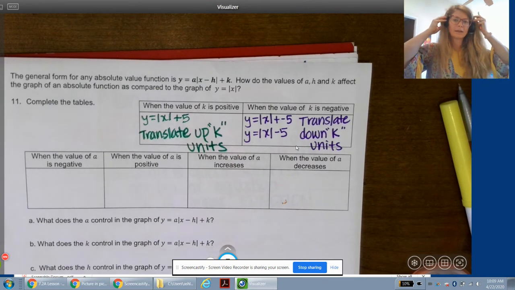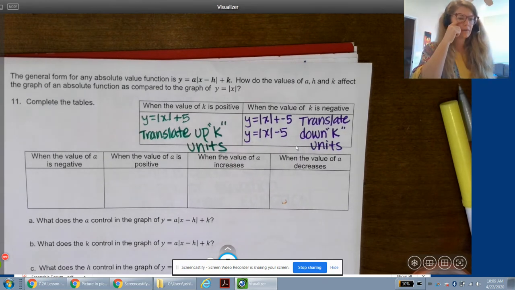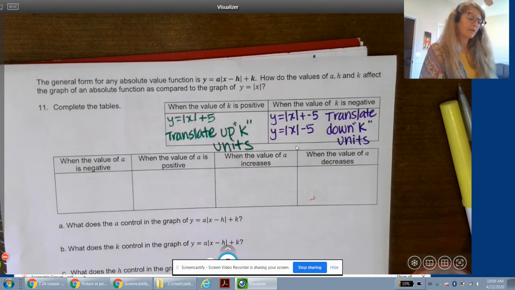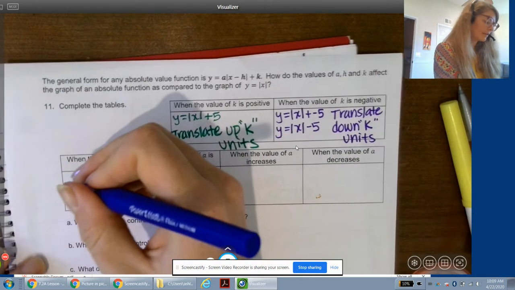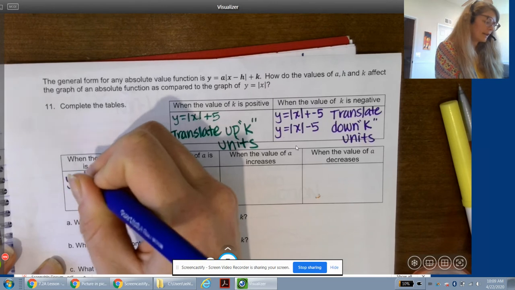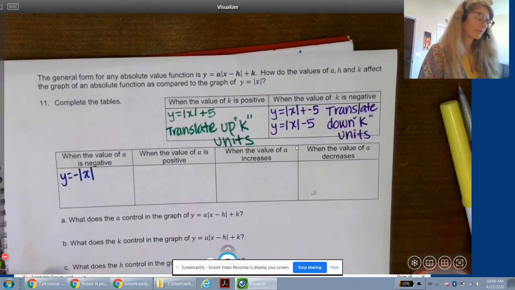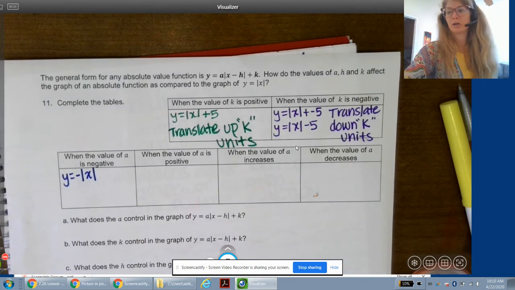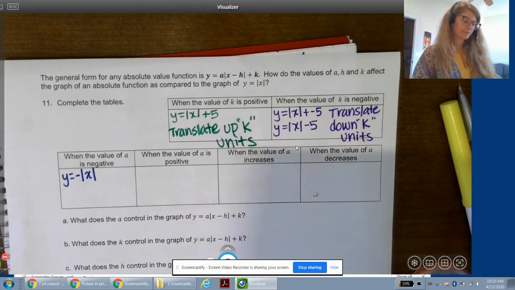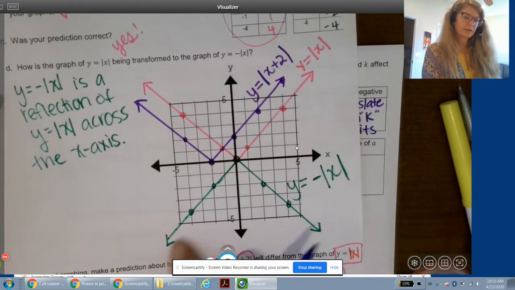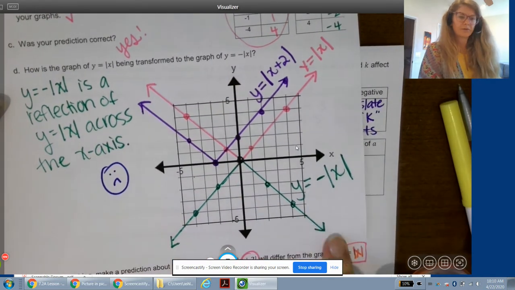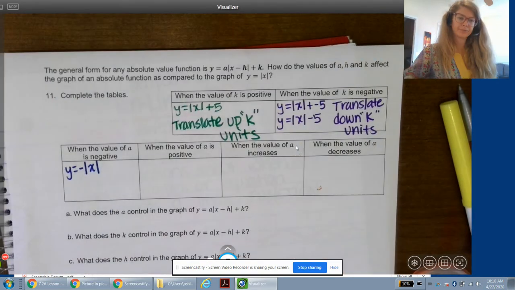Cool. Well, let's take a look at some of the other ones. When the value of a is negative, that's like having y equals the negative absolute value of x. If we have a negative in front, remember all our outputs were negative. It made that sad absolute value, a clinical frown.